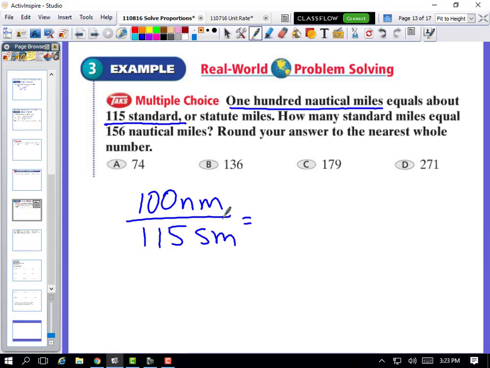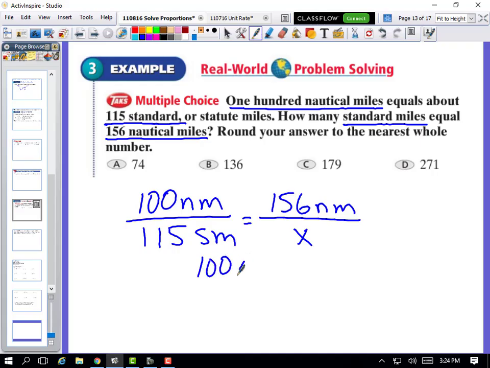So now I'm looking for, what is it that I want to know? Well, it says how many standard miles are equal to 156 nautical miles. So the 156 nautical miles is going to go on top because of the labels. And now what I'm looking for is this one. So to solve this, we cross multiply. 100x equals 115 times 156, which gives us 17,940.